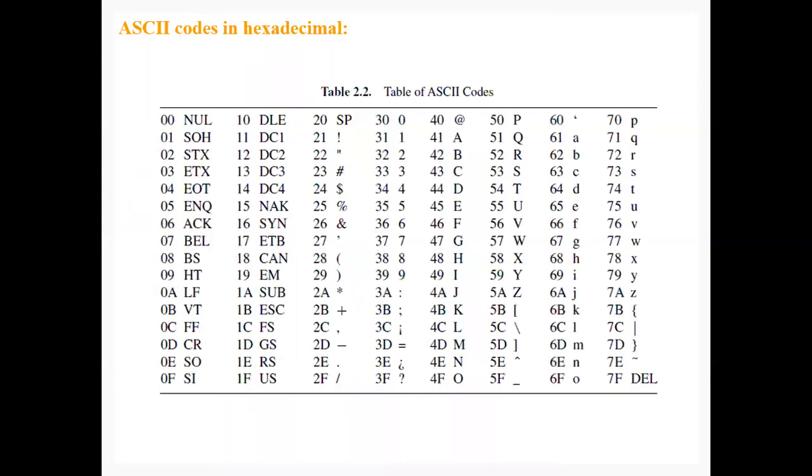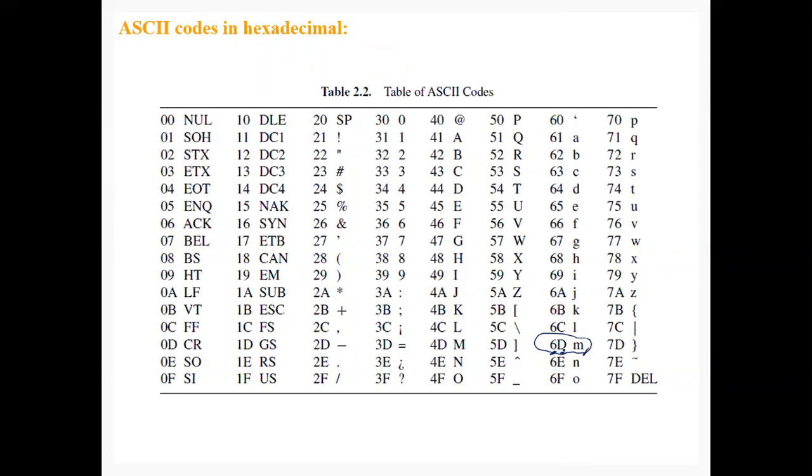Similarly, this is the ASCII code in hexadecimal. Let's say you want to represent little m. I'll just randomly choose one letter here. How is this little m represented in the hexadecimal system? You do 6 and D. 6D represents m, okay?